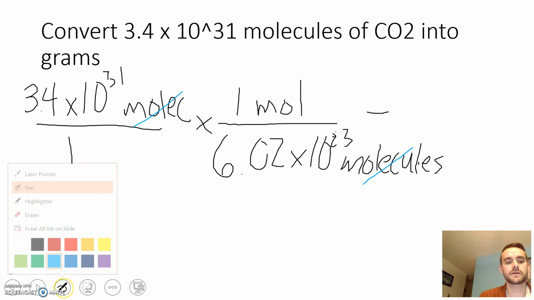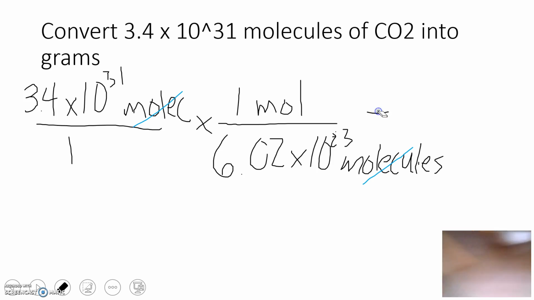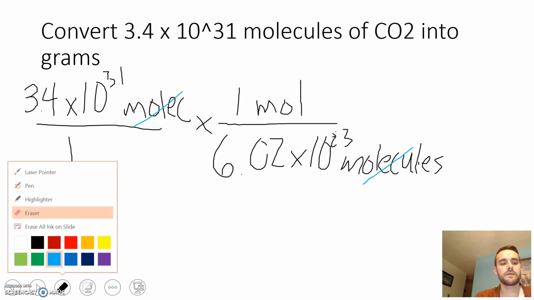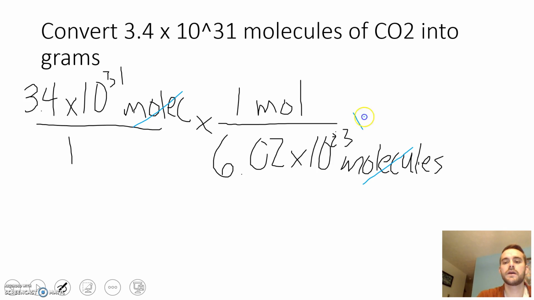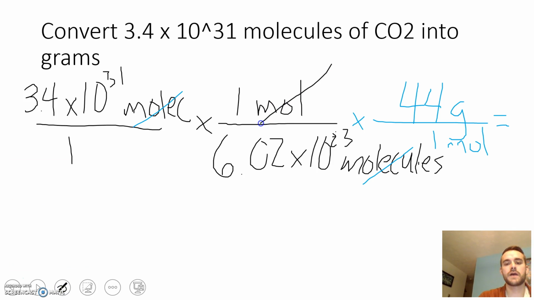And actually, I want to be able to do this all at once. So what I'm going to do is go ahead and multiply here in blue by the molar mass of CO2, which I calculated from the table, is 44 grams for 1 mole. That will let me cancel out moles, which is great.